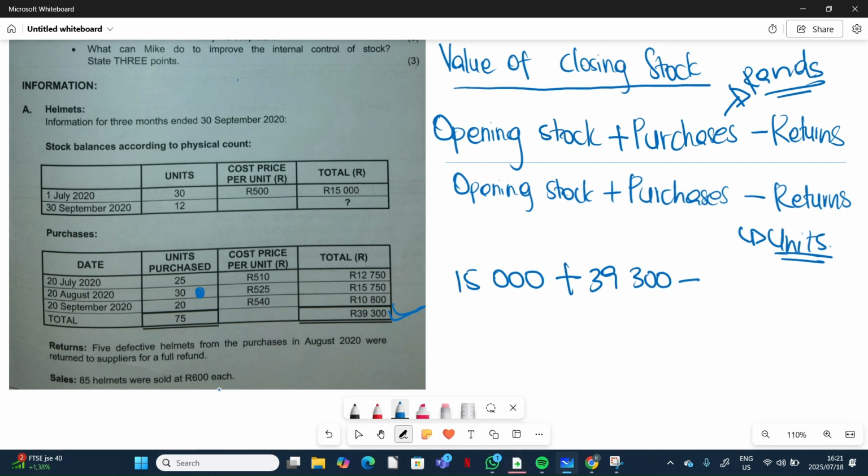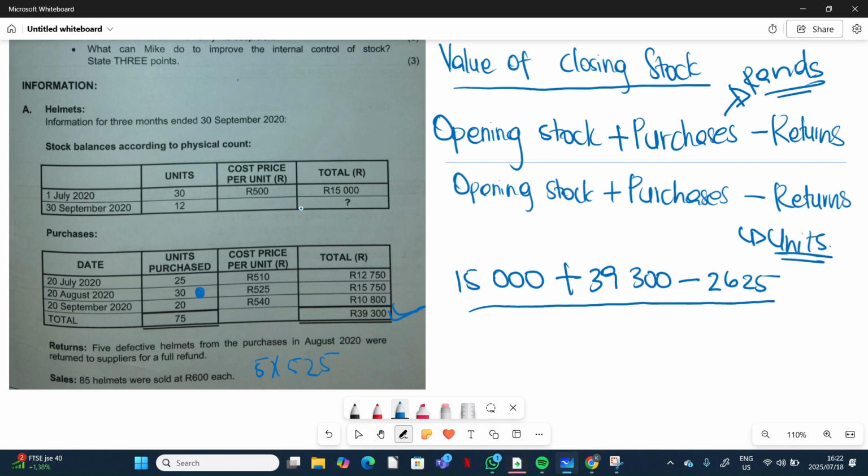Now listen, 5 defective helmets from the purchase in August, we have 525. So you're going to have 525, and that would give us 2,625, right?